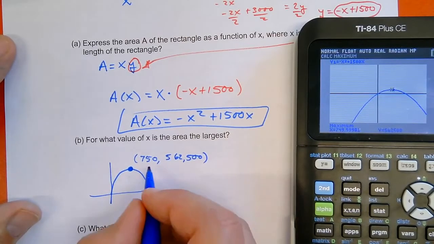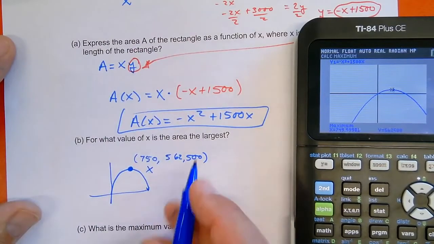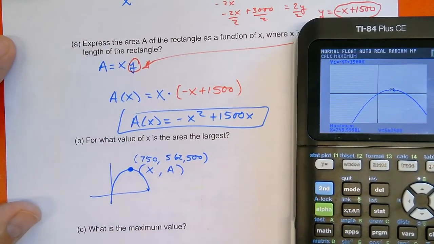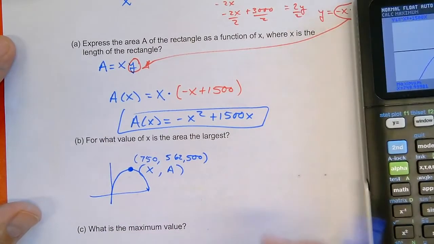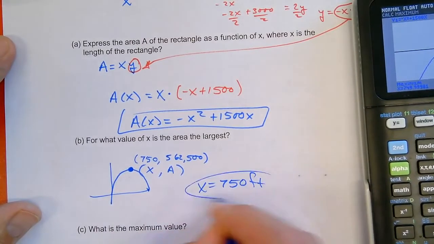Now remember what this represents. This represents x, the length of my rectangle, and that's my area for y. So to answer the question, for what value of x is the area the largest, that's 750 feet. What is that maximum value?